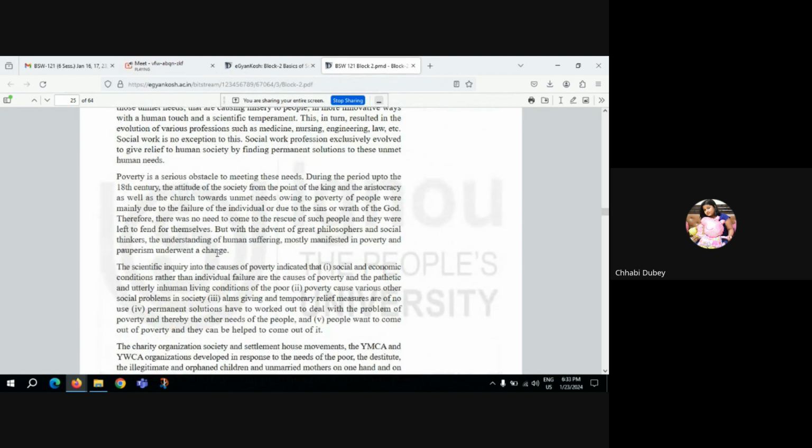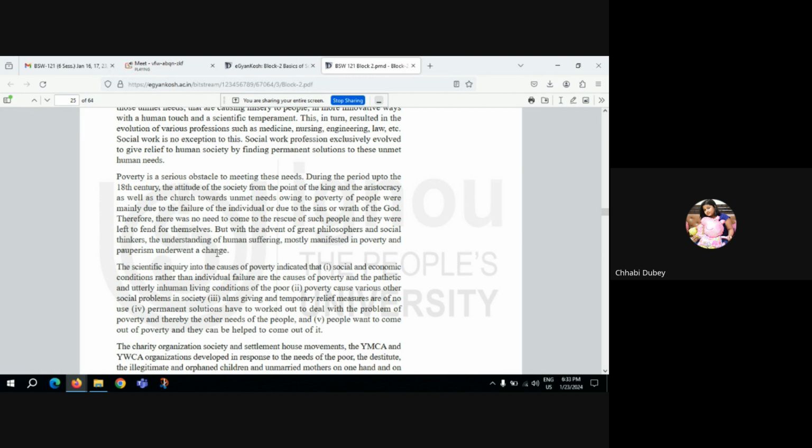Now, one important factor which proves to be quite an obstacle to meeting these needs is poverty. The attitude of society up to the 18th century was mainly that poverty was due to the failure of the individual or due to the sins or wrath of the gods.